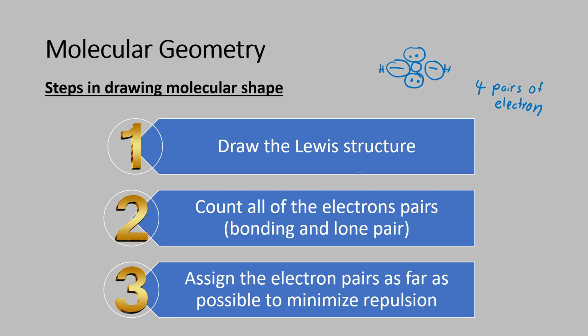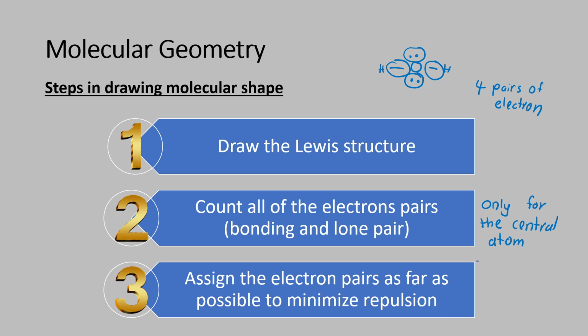geometry. So one thing about count all of the electron pairs, okay, it is only for the central atom. Sebab central atom yang beside the molecular geometry.